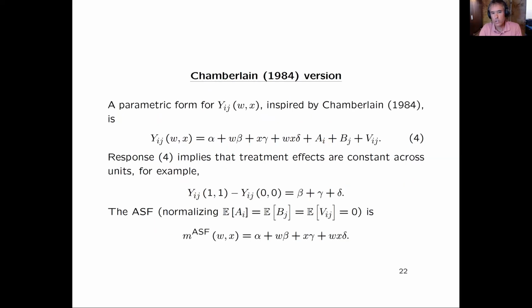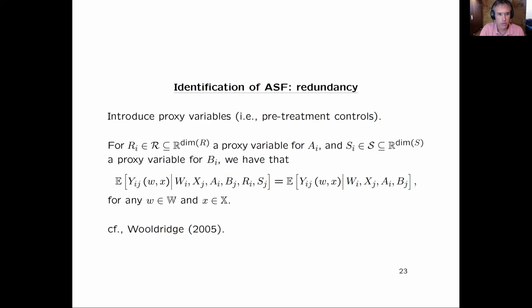And I'll return to this example to connect some of the assumptions I'm about to make. Okay, so now what I want to do for the last 2 minutes is show you how to identify this. I will actually stick close to being on time.